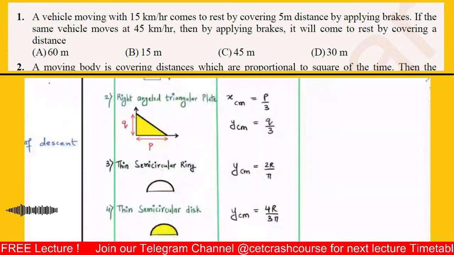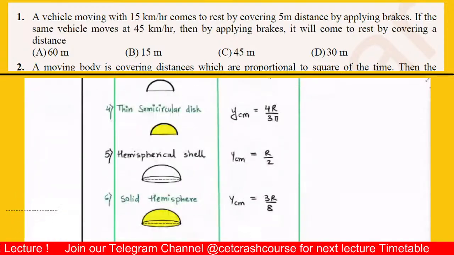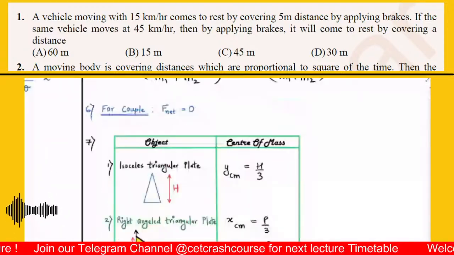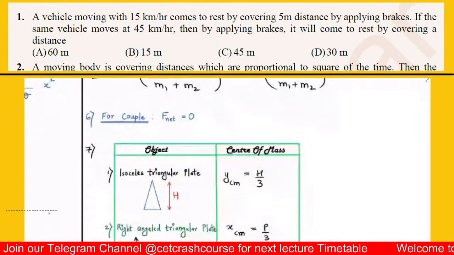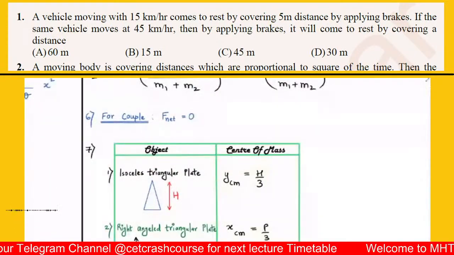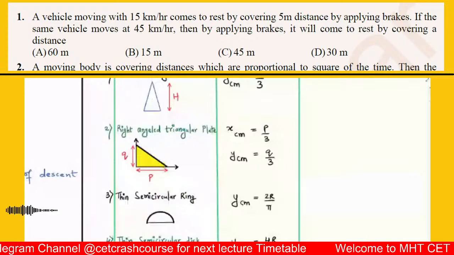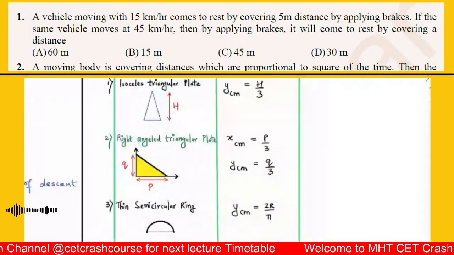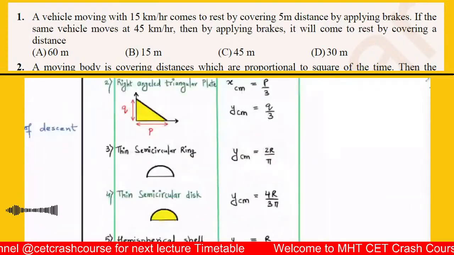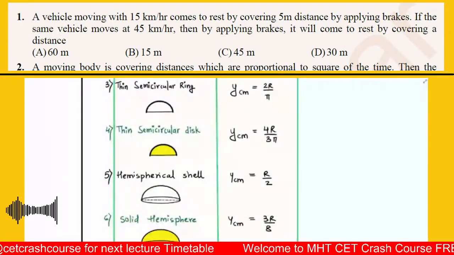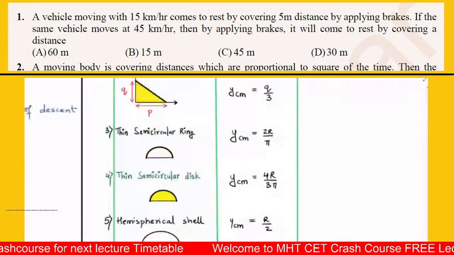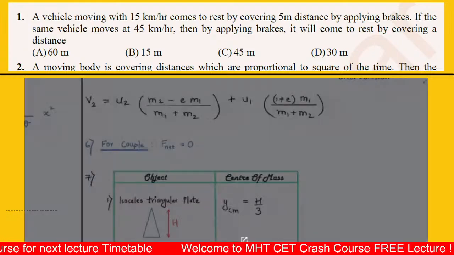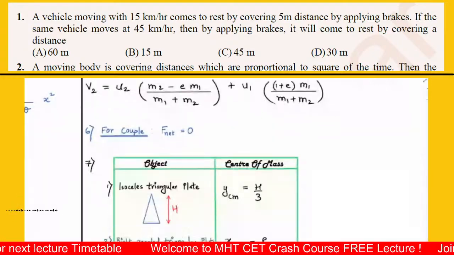All these objects are given in your prescribed syllabus, so I have taken only these formulas. There are other objects as well, but according to the CET syllabus, only these objects are important, and that is what I have taken into consideration.